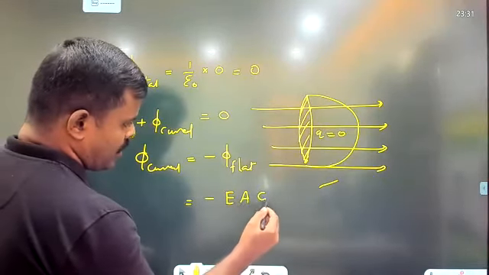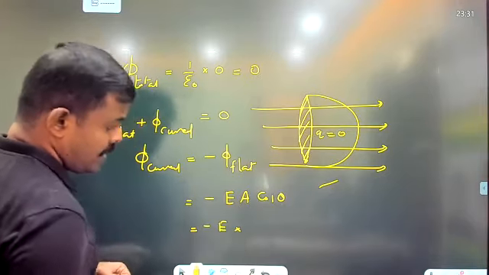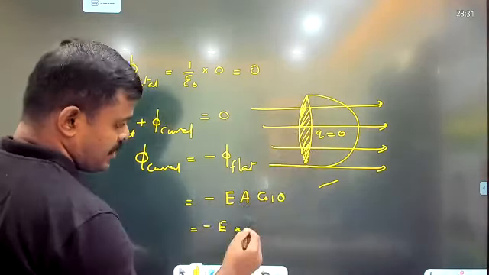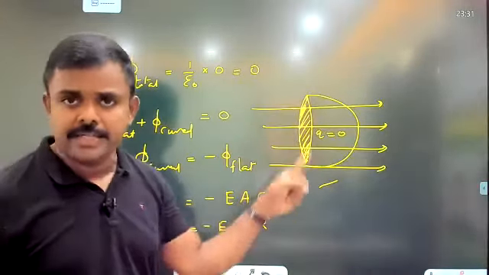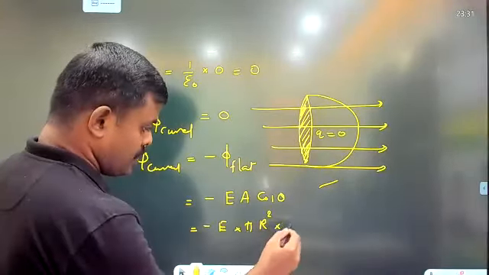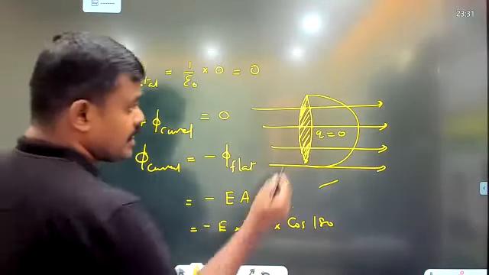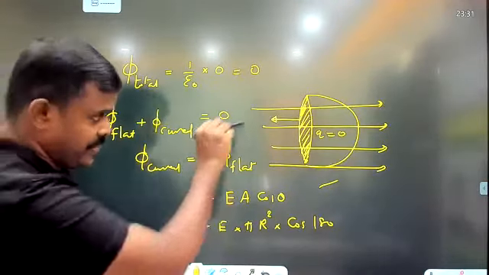Minus phi flat is given by E A cos theta, equal to minus E into area. The area of the flat surface is a circular area, right? So pi r square into cos of the angle, which is 180. Why? Here the area vector is to the left and the electric field is to the right.